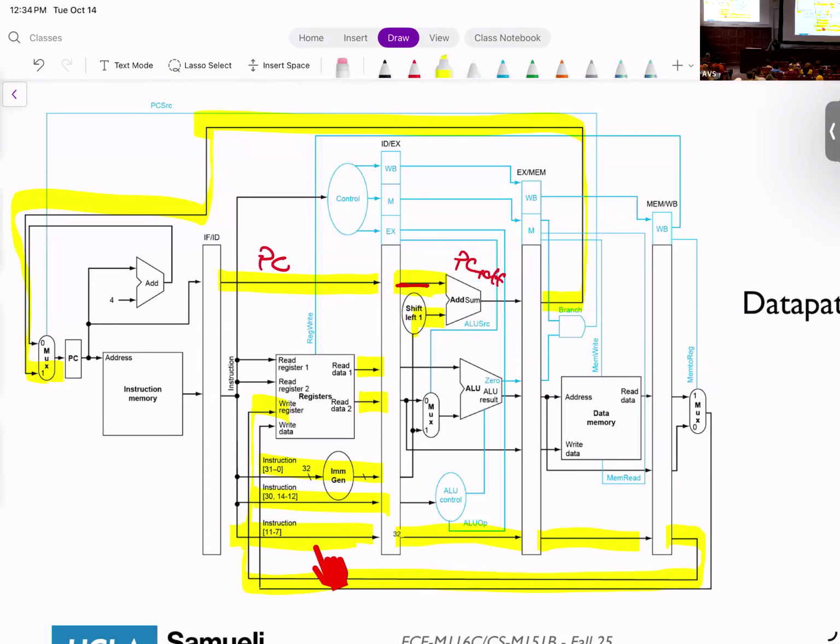Same story with, for example, the results from the ALU, right? So this is the result from the ALU coming here, going back here, going back here. So generally, these are all the same pipeline registers, but pay attention to the timings. Which instruction is going to be used when is how you decide where to put each of these things.